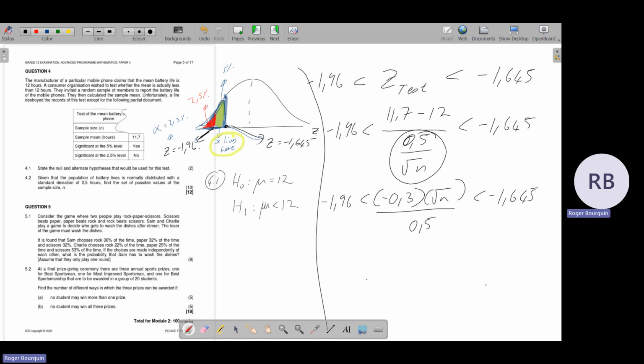Negative 1.96 times 0.5 is? And negative 1.645 times 0.5. Now what are you going to divide by? Negative 0.3. And when you divide by a negative, what happens? The direction of the inequalities flip. So root n is going to lie between this whole thing.